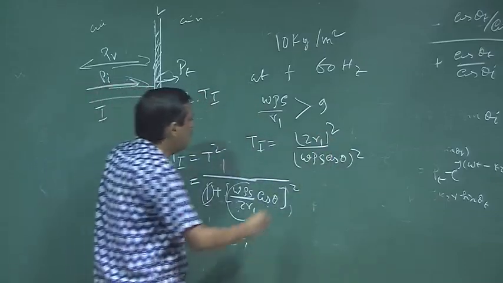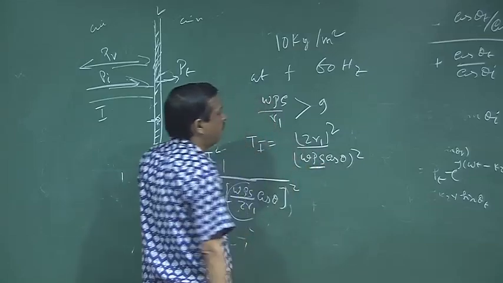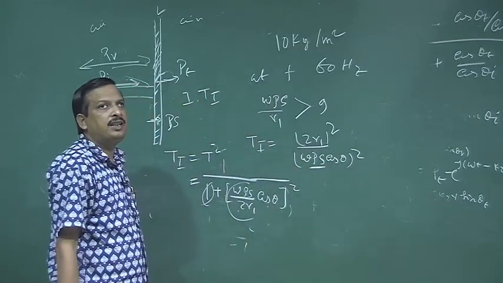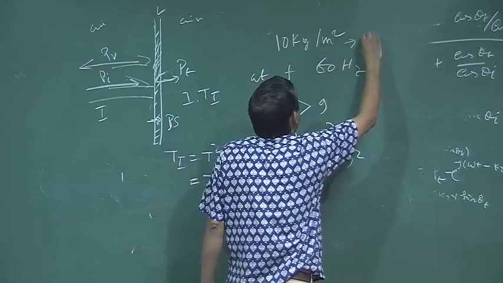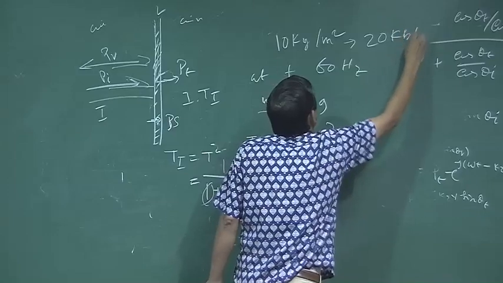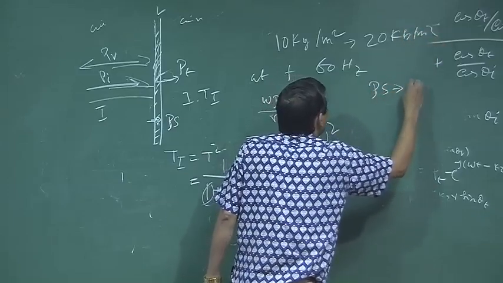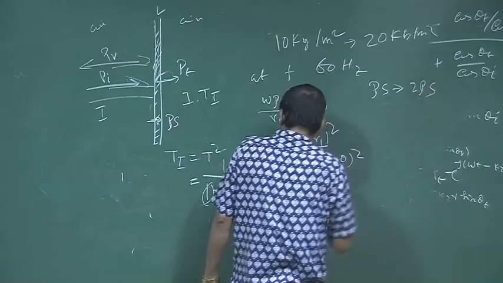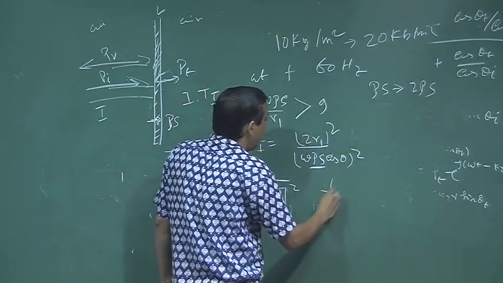Okay. Now, if I double the surface density, so instead of 10 kg per meter square, if I use a material whose surface density is 20 kg per meter square, that means rho into S increases to 2 rho into S. Then the transmission coefficient will be reduced by 1/4.